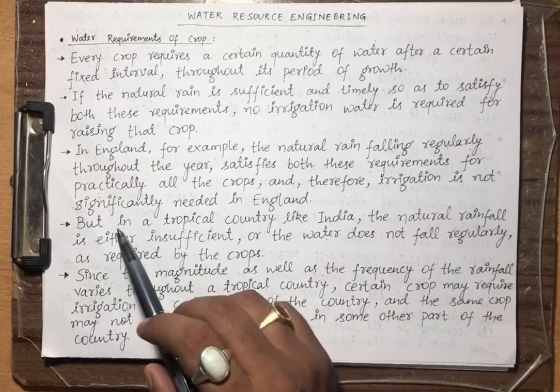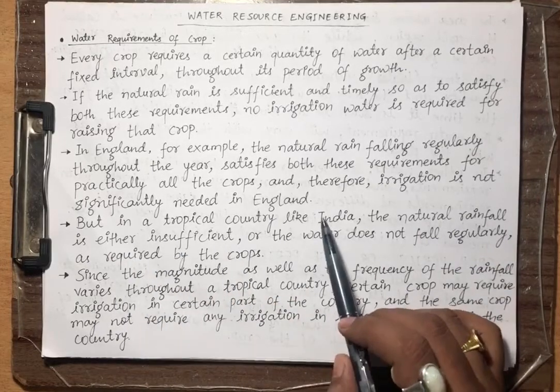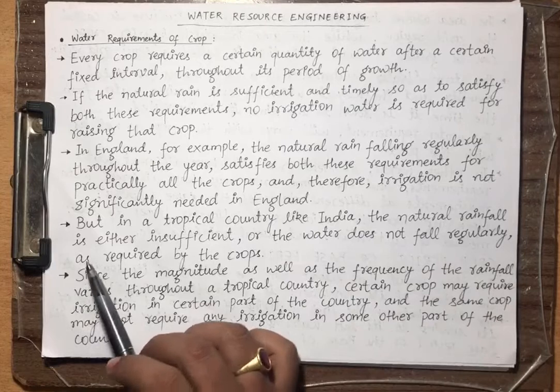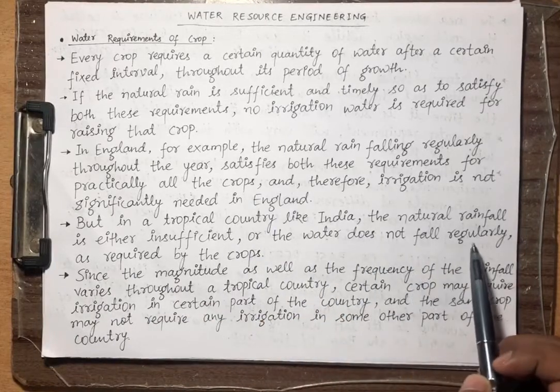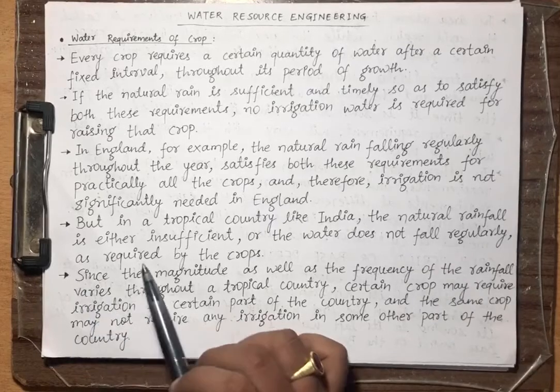But in a tropical country like India, the natural rainfall is either insufficient or the water does not fall regularly as required by the crops.